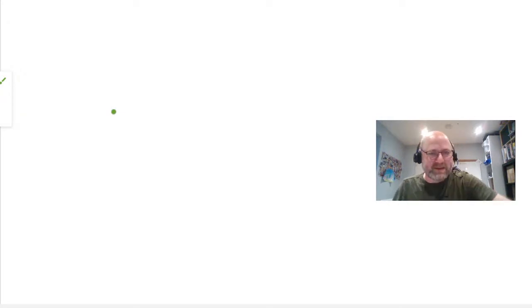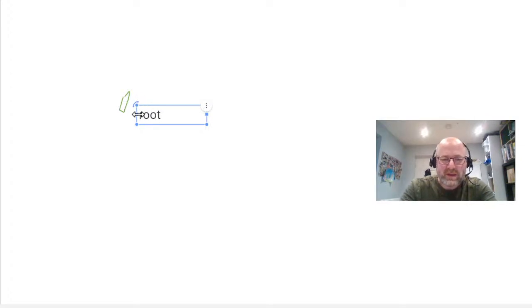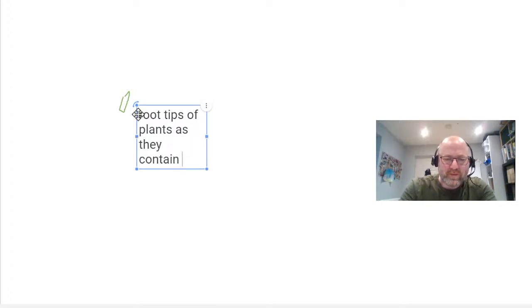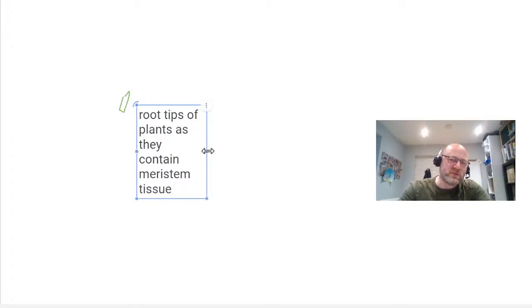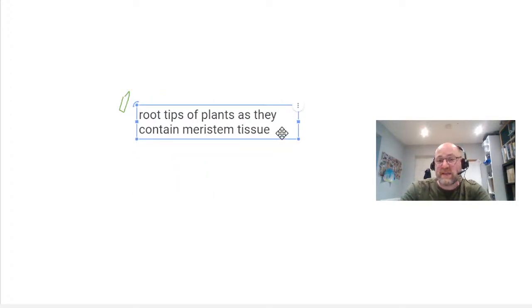So if you're doing IGCSE, you need to take the tips, the root tips of plants. They contain meristem tissue. Meristem tissue is the bit where they contain stem cells, basically.